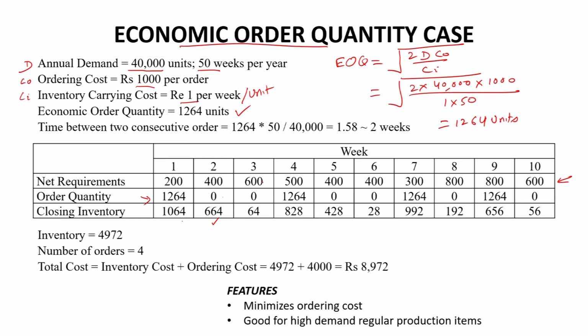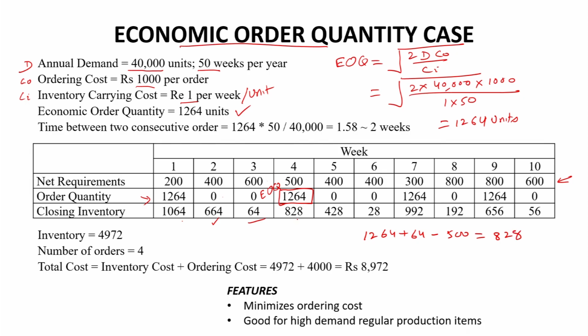In period 3, 600 is the demand. I have no need to place an order, because I already have 664 units of material available. So, 64 is the remaining stock. Now, the next period demand is 500, and I am left with 64. So, I will place an order equivalent to the economic order quantity, that is 1264. So, 1264 plus 64 minus 500 is 828.